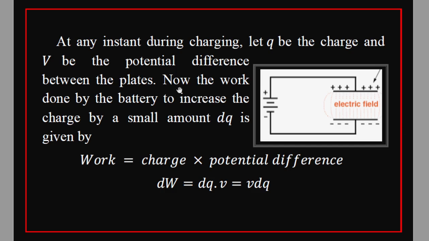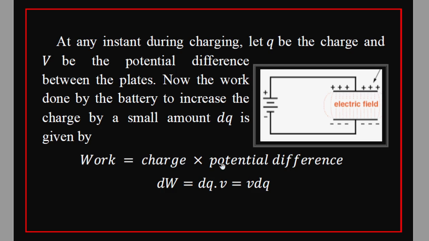അപ്പോൾ ഈ സമയത്ത് ബാറ്ററി എന്ത് ചെയ്യണം? വീണ്ടും ചാർജ് ചെയ്തുകൊണ്ടിരിക്കണം. It is continuously charging the capacitor. Now if a small amount of charge dq is additionally given by the battery, then work done by the battery to increase the charge by a small amount dq is equal to charge into potential difference.